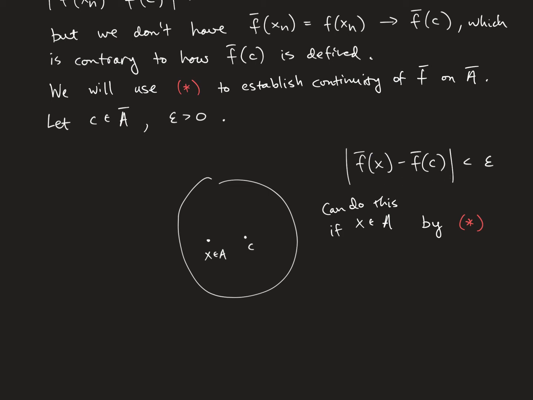So the problem is going to be when you have an X which is in A bar but not in A. So if we have X here in A bar but not in A, that's going to be the problematic thing. So how close does this X in A bar but not in A have to be to C in order to have this?